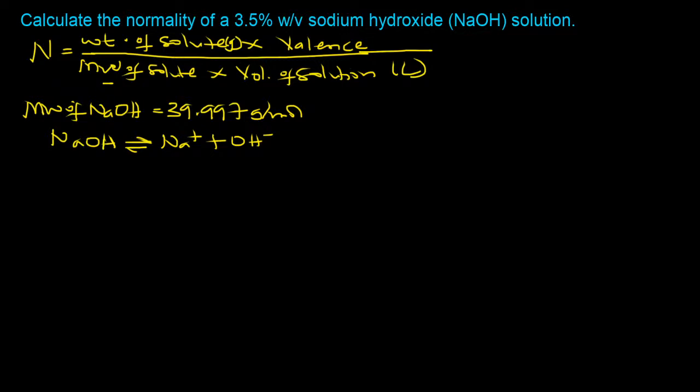And so the valence is actually the absolute of either the charge on the cation, so absolute of +1 will be 1, or the charge on the anion, so absolute of -1 is also 1. Hence your valence for sodium hydroxide is 1. Now we have the molecular weight, we have the valence. What we actually need is information on the weight and the volume.